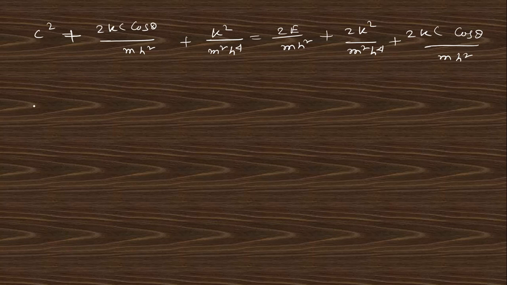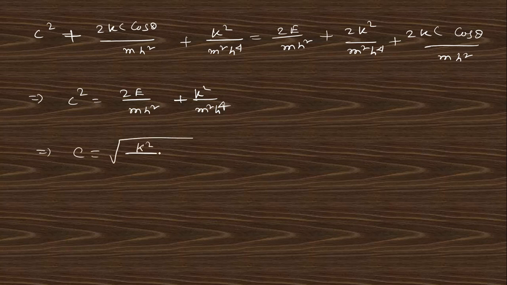Clear? So you write c square equals 2e by m h square plus k square by m square h to the power 4, all the other terms cancel out. So you get the value of c, that is root under k square by m square h to the power 4 plus 2e by m h square.